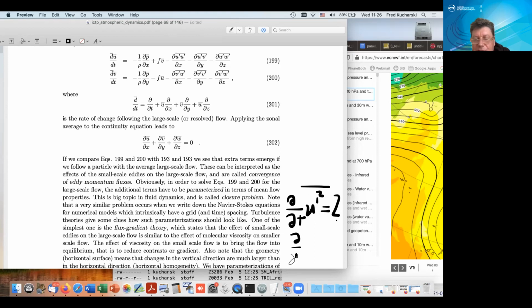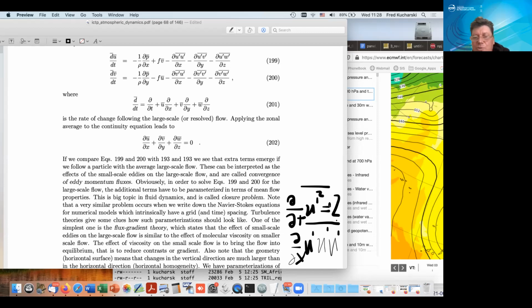That's always because of the nonlinearity of these equations. There would be something like d by dx, u primed, bar. And so the problem will never close.